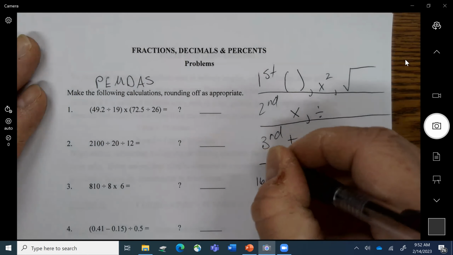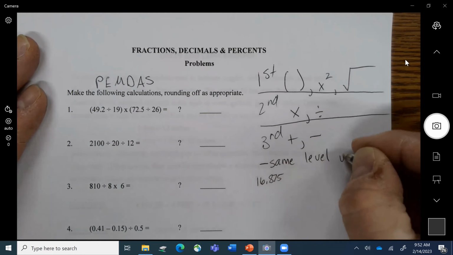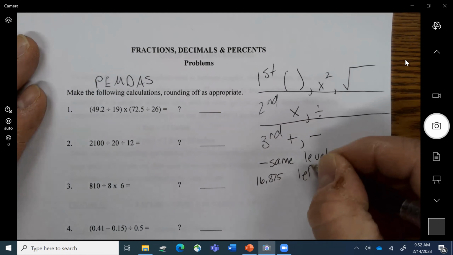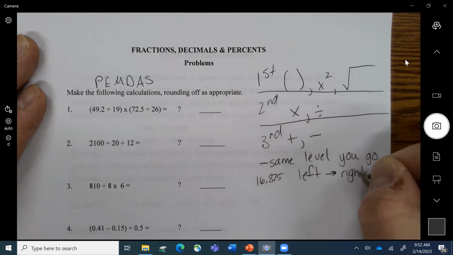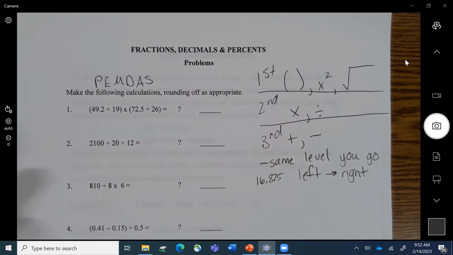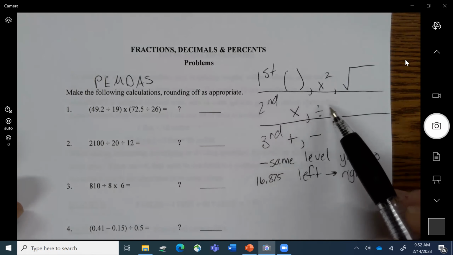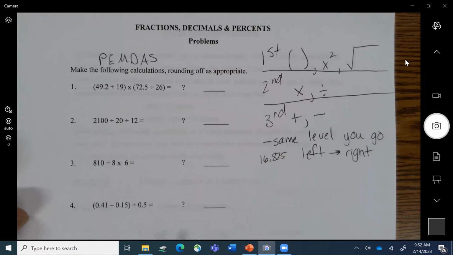When they're on the same level, you go left to right, just like reading a book. So multiply and divide, if they are in the same equation, you go left to right, regardless. You do not do one before the other.